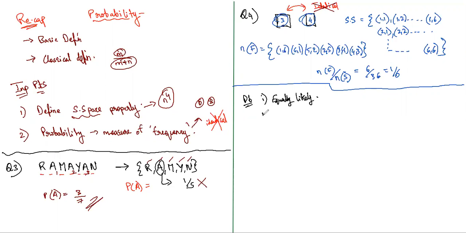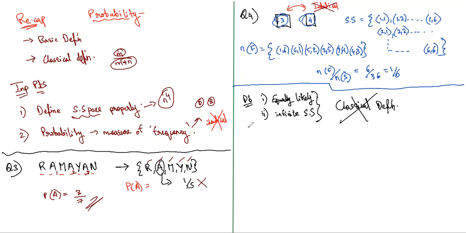We saw an example for that. Second, this classical definition cannot be used for infinite sample space. Sometimes the sample space can be infinite also. So in such cases, we don't use the classical definition of probability.